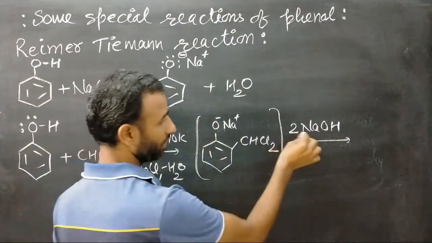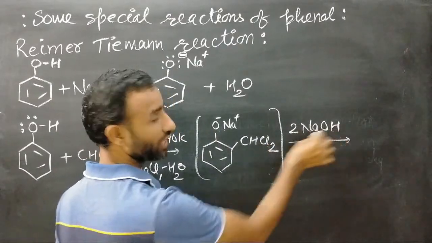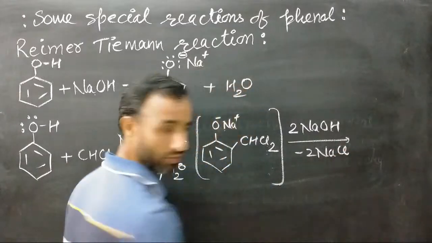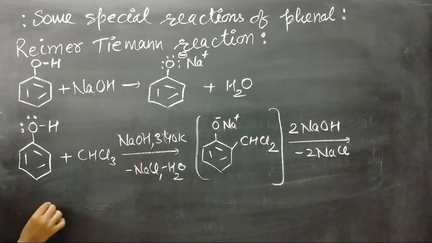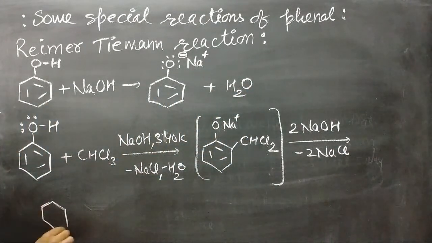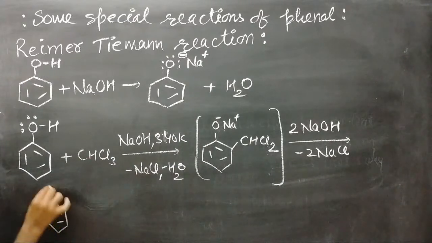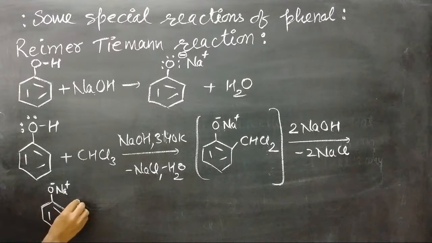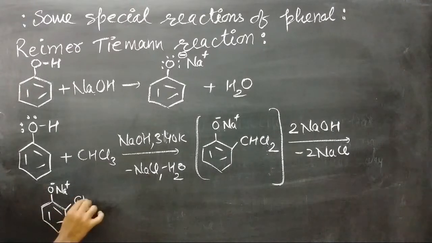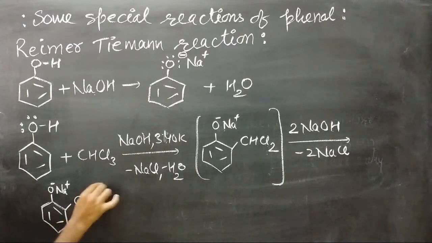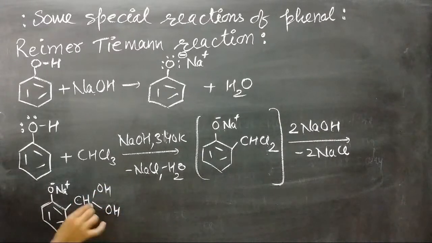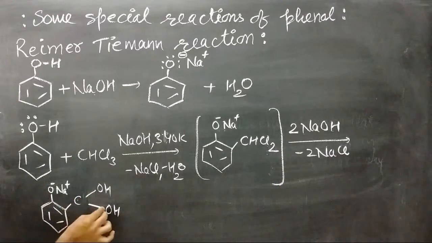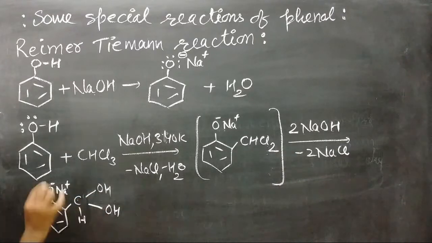So obviously this Cl is replaced by OH, so 2 NaCl are removed, and we get the sodium salt and CHOH, which can be written as 2 OH and 1 H.